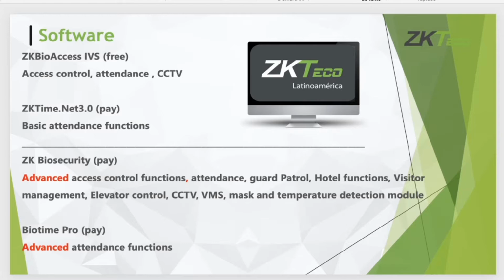Let me explain first. In CK Teco, we have security software that is indicated for constructing and building big projects, and this kind of software has a license that has a cost.